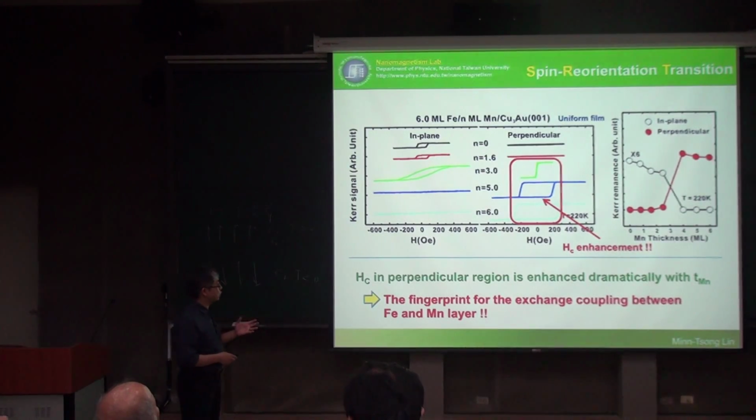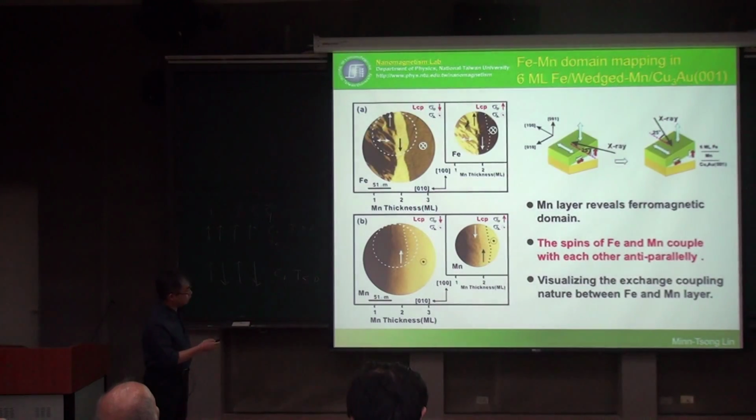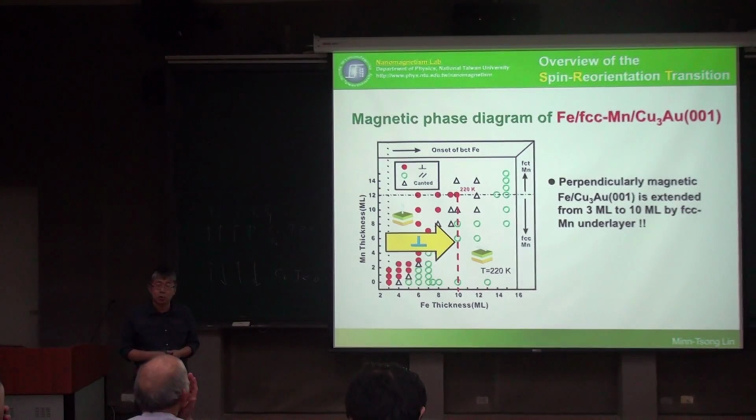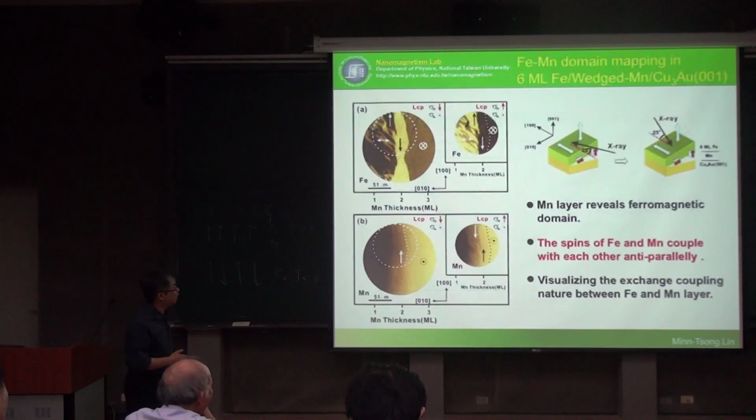So I would say skip to this one, and you can see here, along with this measurement, you can shift the range of the perpendicular anisotropy from the 3 monolayer to the 10 monolayer. So that you significantly enhance the working range of a perpendicular anisotropy by simply using one anti-ferromagnetic layer. So this is the first point here.